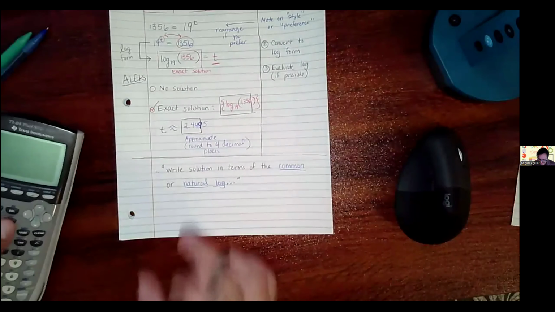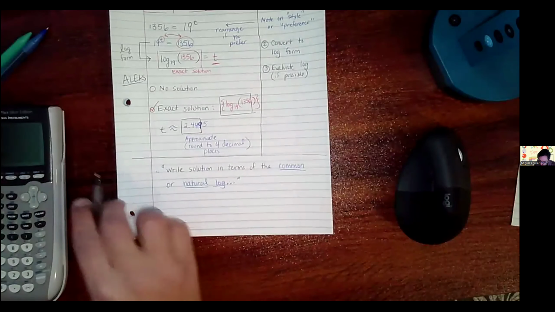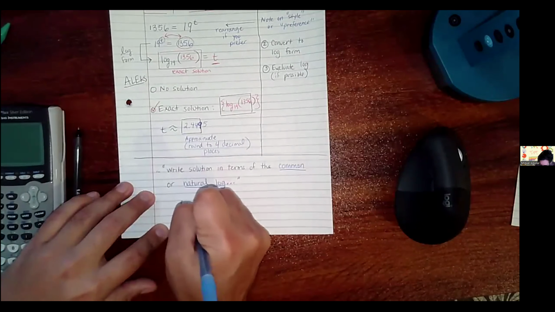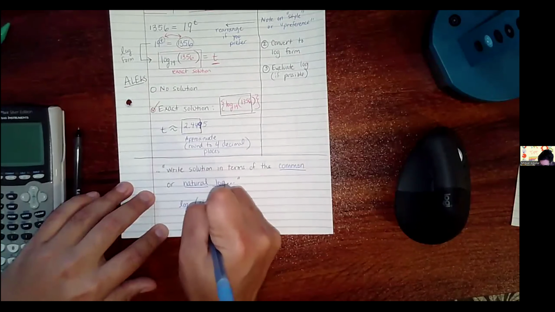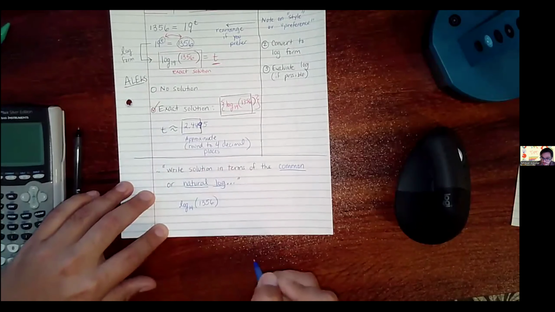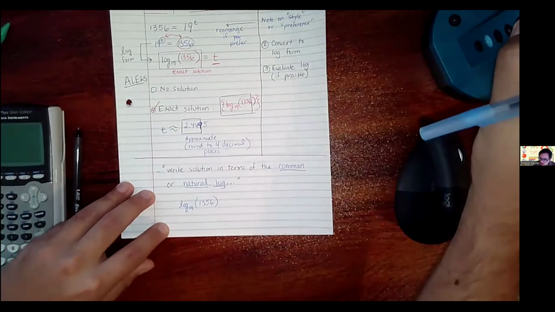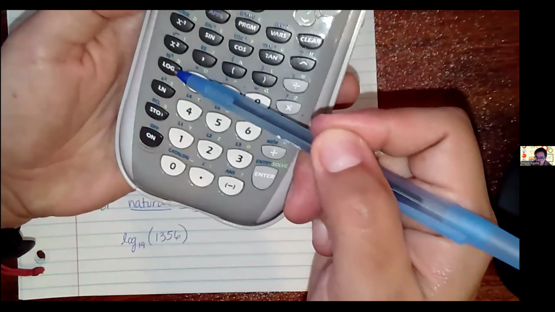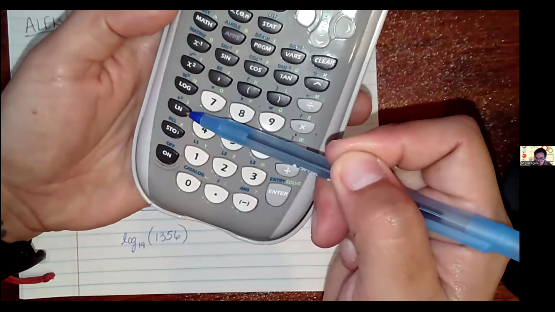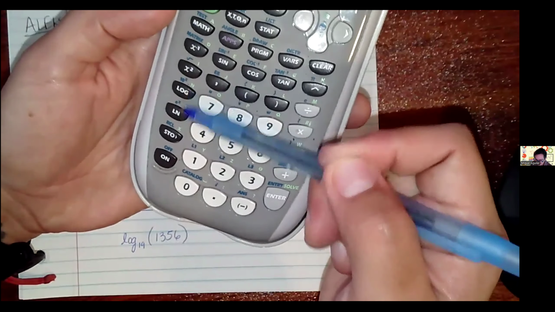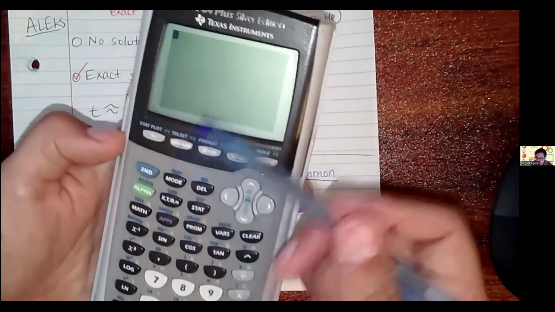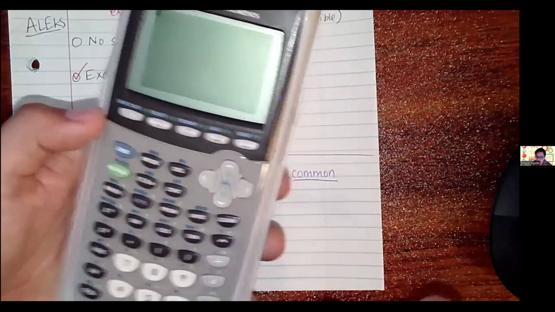So what Alex is looking for is if we get our solution, which we just got, as log base 19 of 1356. Back in the day, basic calculators only had the common log button and the natural log button. Only these two buttons were available. They didn't have the option to press math and then change the base of these different logarithms.